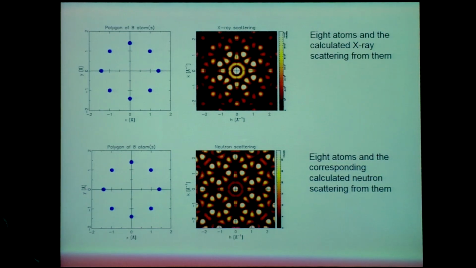The scattering actually occurs from the nucleus, not the electron cloud. You'll notice a little thing here: with the X-rays, the intensity falls off markedly as you get further from the center. With neutrons, it doesn't fall off as much as you get further out. If I get a chance, we'll get to that towards the end of this part, but I'm not going to explain it for the moment.